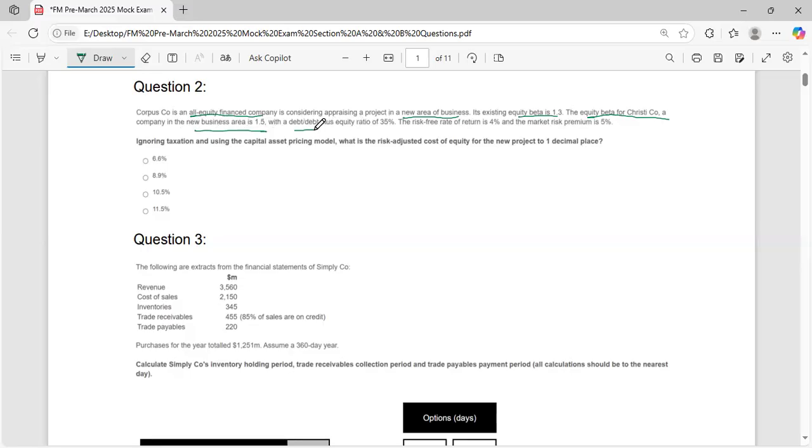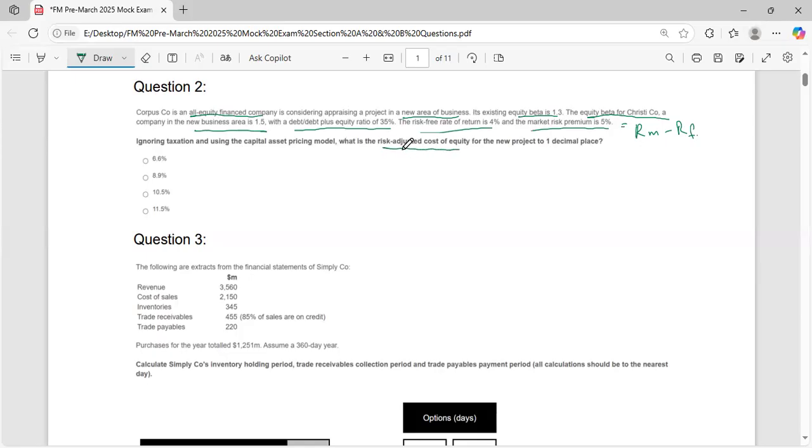Debt divided by debt plus equity ratio is 35%, which means debt to capital employed ratio is 35%. Risk-free rate of return is 4% and market risk premium is 5%. Market risk premium is the difference between market return and risk-free return. It means risk-free return has already been deducted. Ignore taxation and using the CAPM, what is the risk-adjusted cost of equity?